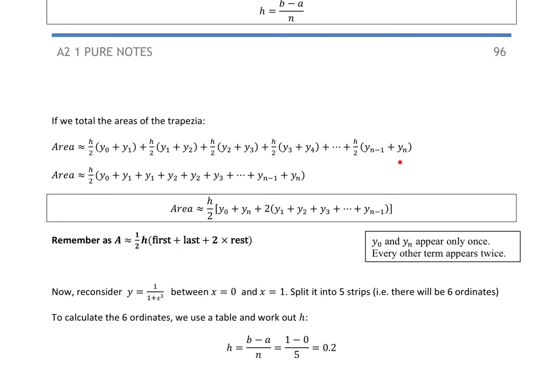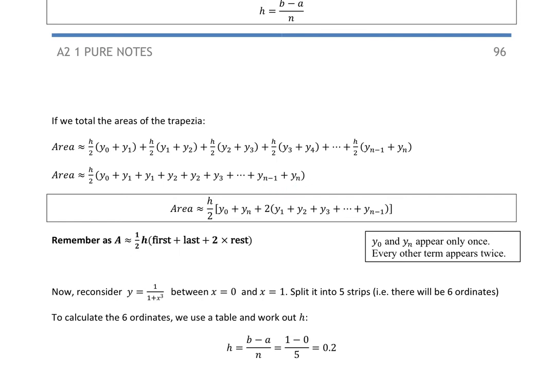Okay, so very importantly, folks, if you tidy this all up, what you have is h over 2 times y0, y1 plus another y1, plus y2 plus another y2, plus y3. There'd be another y3 in here.